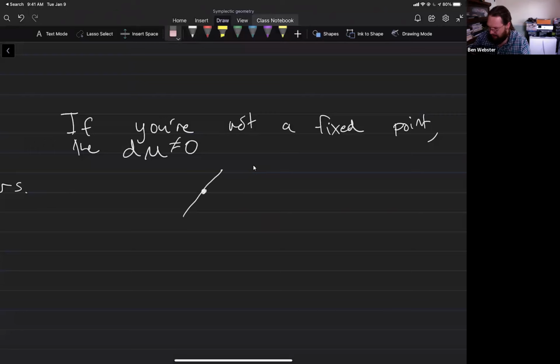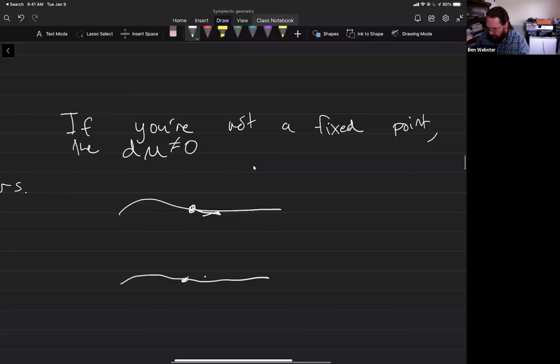So let me draw this properly. I can have some path upstairs whose tangent vector isn't killed by the derivative of the moment map. And then when I go downstairs, I get a path going through here, which has non-zero derivative, which means I can't be an extremal point of the polytope or of the convex set, whatever it is. I have to go through here this way, go through here this way.